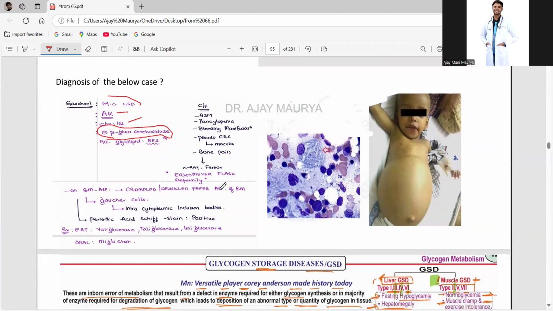In the X-ray of the femur, we'll see the Erlenmeyer flask deformity. Just remember the crumpled paper appearance. These are also called Gaucher cells. This is how the baby is going to present.